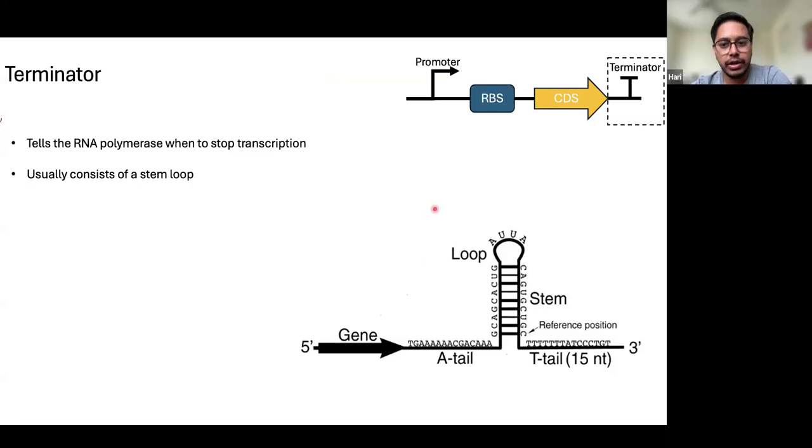One of them is, yes, the hairpin obstructs the polymerase from further carrying out the transcription, and also the region is filled with U nucleotides, uracils. So that also has to do with reducing the affinity between that particular region and the RNA polymerase. So there are different reasons why the terminator can terminate the process of transcription. Thank you.